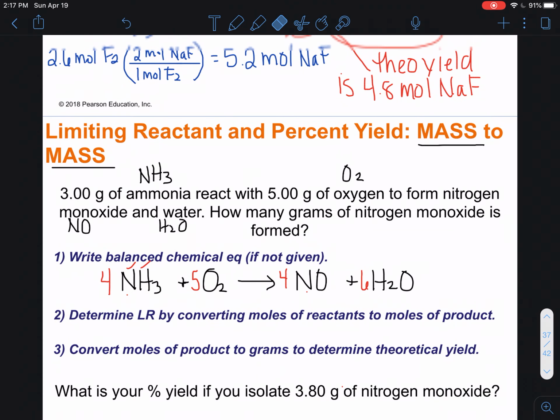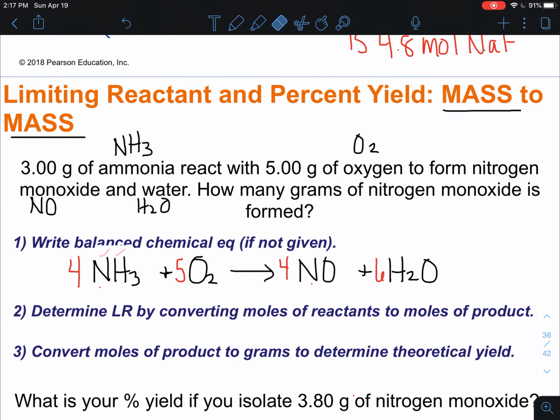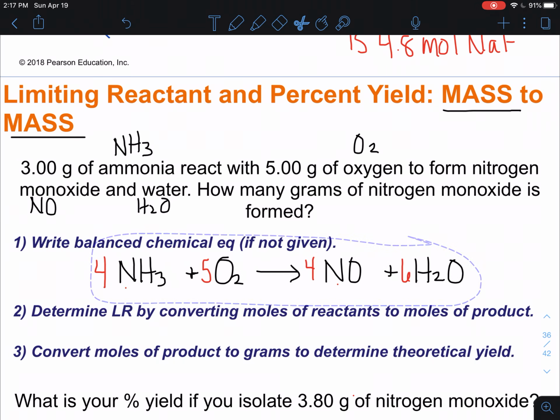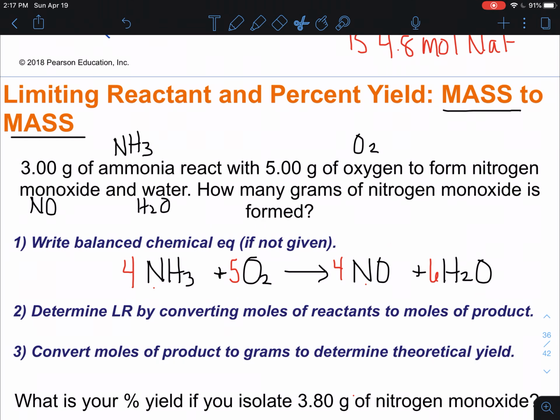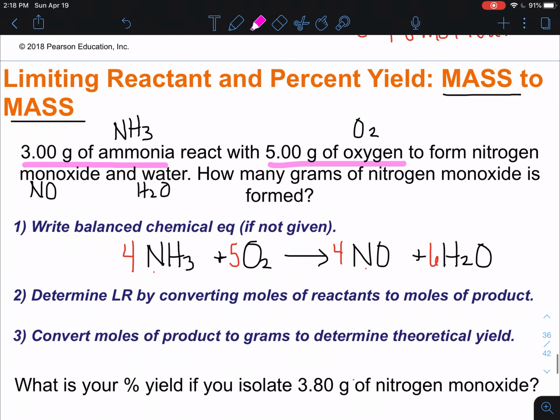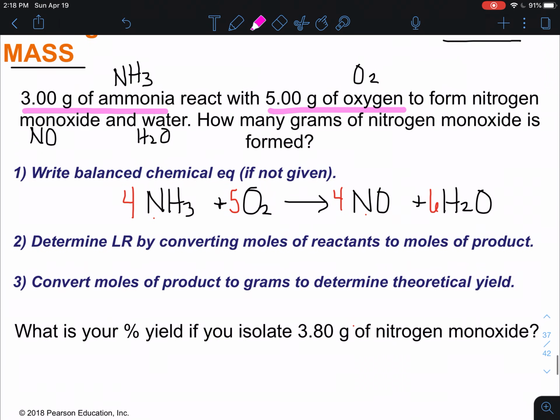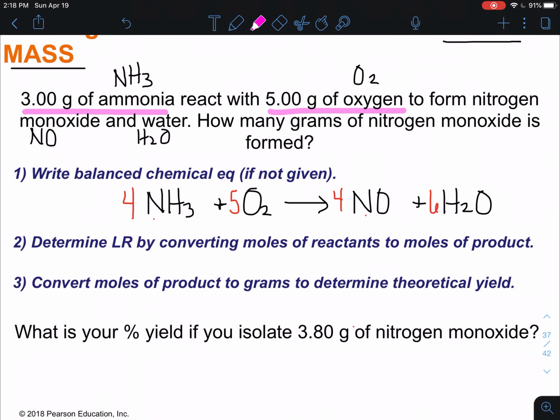Okay, so now that we have a balanced chemical reaction, we can determine the limiting reactant, considering the fact that we have 3 grams of ammonia and 5 grams of oxygen. So we only have 2 reactants, okay? I'm going to convert 3 grams of ammonia to product.